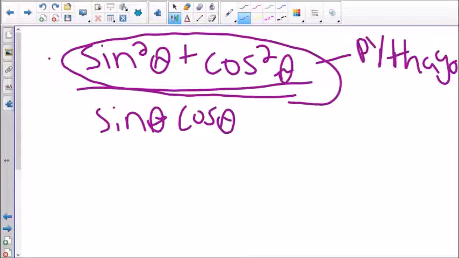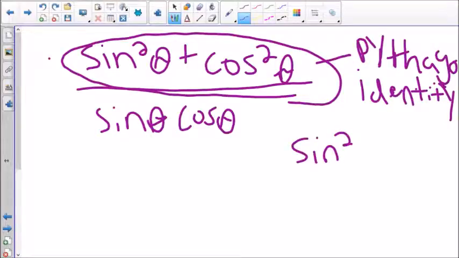Yeah. Okay, so the Pythagorean identity is that sine squared theta plus cosine squared theta equals 1.